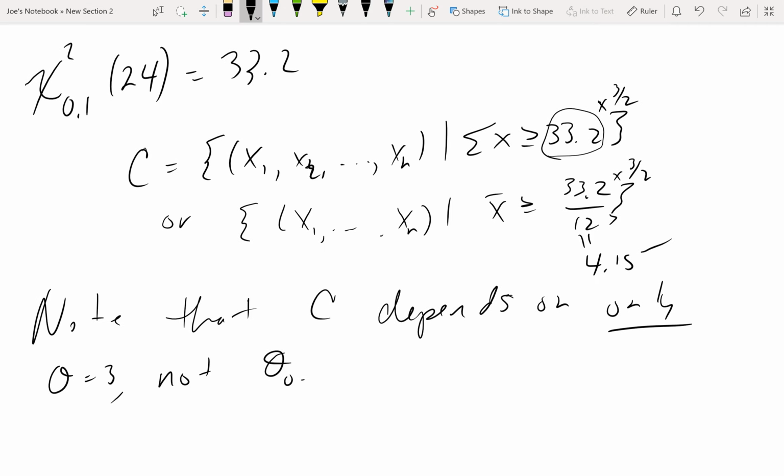So we refer to this region, make sure I get the words right that the book uses, as a uniformly most powerful critical region of size alpha.